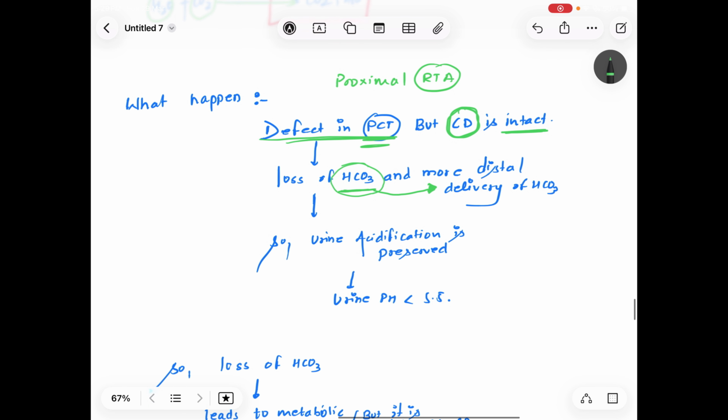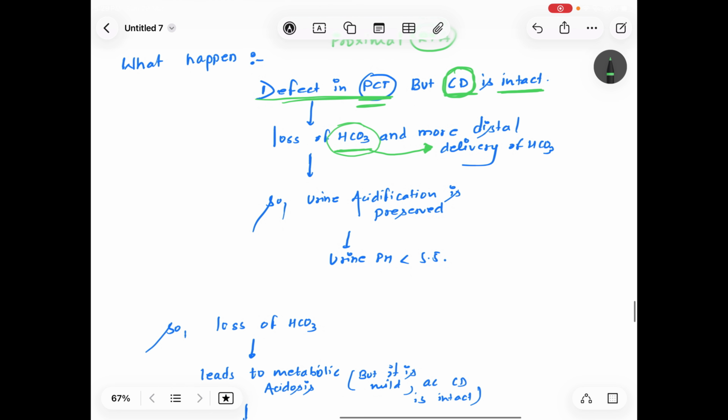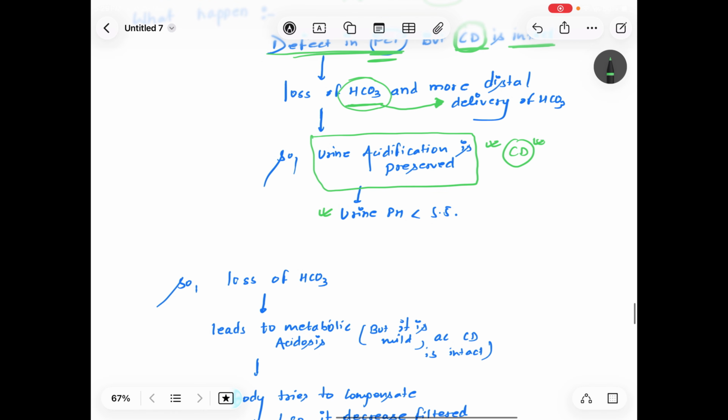So we know the distal part is intact, and this is responsible for the acidification of the urine. So the urine acidification is preserved because the collecting duct is intact. There is defect only in the proximal convoluted tubule. So urine pH is less than 5.5.